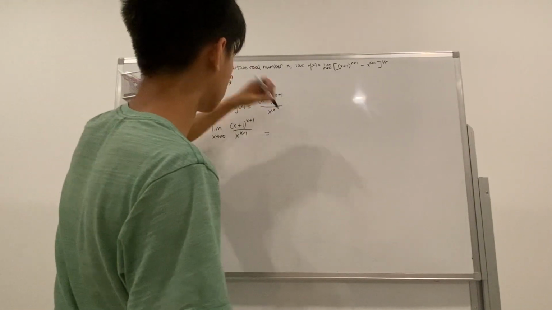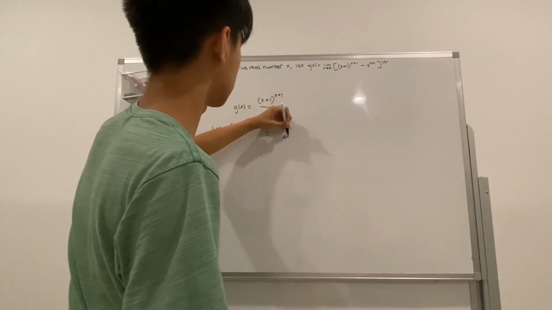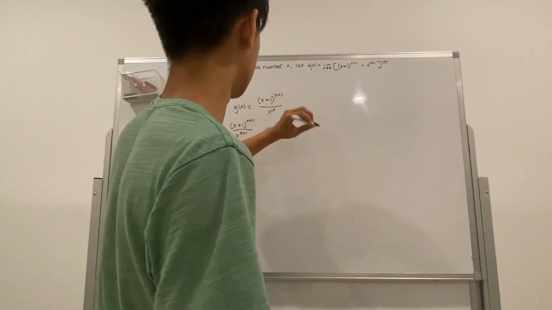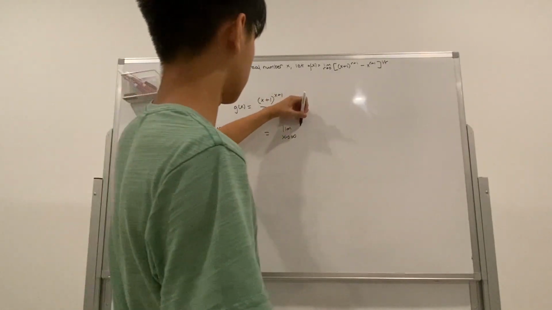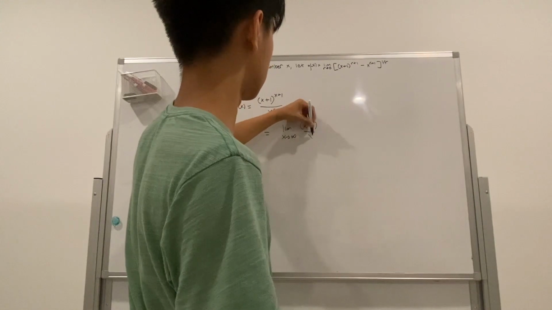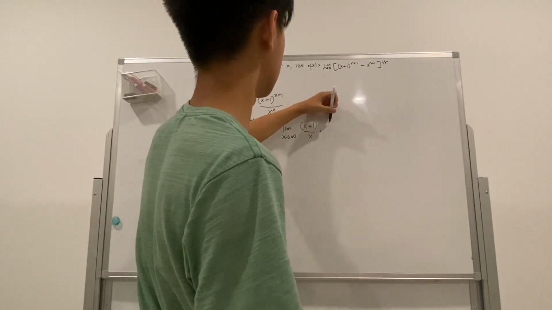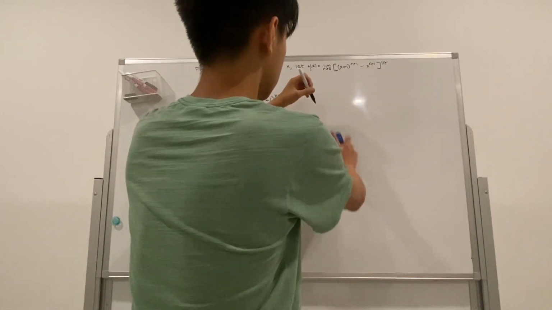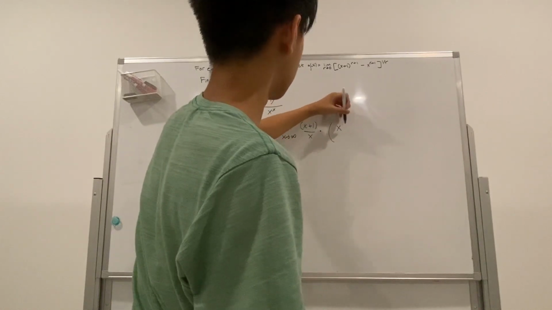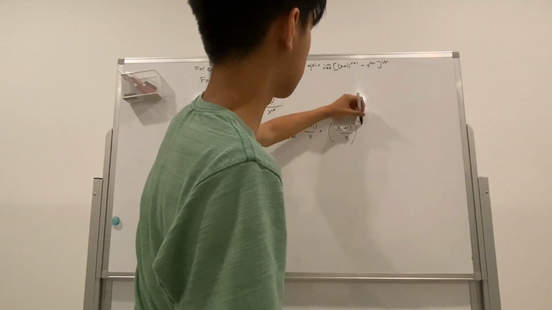So that's equal to the limit as x approaches infinity of x plus 1 over x, times x plus 1 over x to the x power.